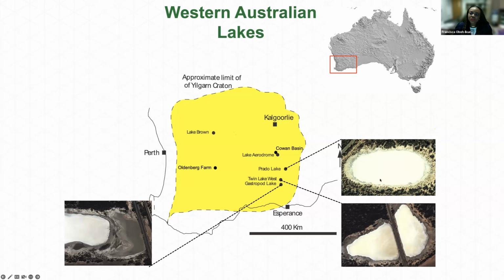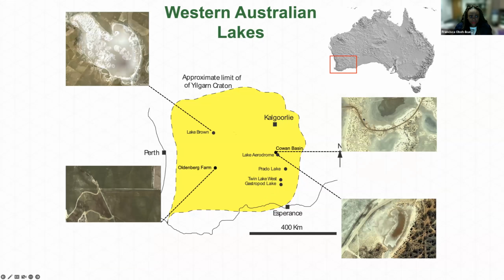So we named this particular lake Prado Lake. Here was Gastropod Lake because we had dead gastropods all along here. Twin Lakes, because there were two lakes separated by this great Australian highway from Perth to Adelaide. We have Lake Brown, which is one that is well studied in the Avon Basin.